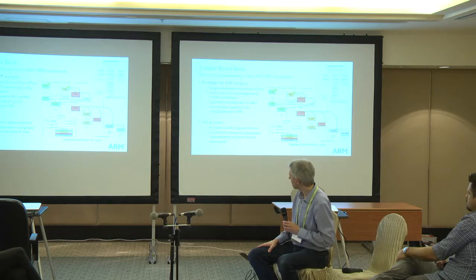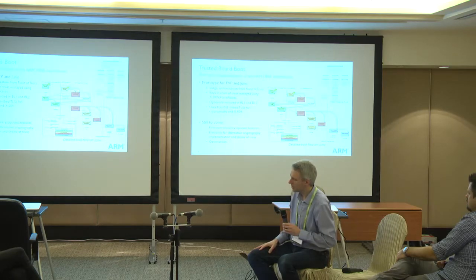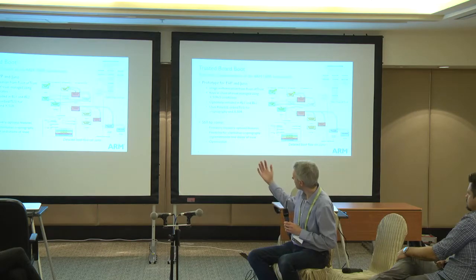The chain of trust means that you only expect to use the root of trust key for signing the BL2 image, signing the firmware recovery images, and signing the set of keys that are used for the next stage boot. So BL2 will verify the chain of trust here.